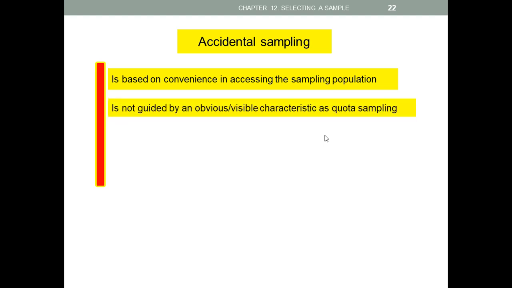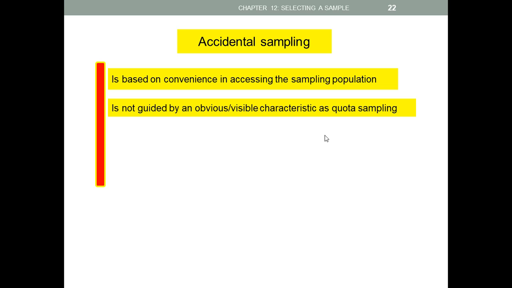For accidental sampling, the researcher is not guided by an obvious or visible characteristic as in quota sampling. Let's say you want to find out why people smoke. When you see someone, let's say an adult, you approach him, you ask him a question, do you smoke?